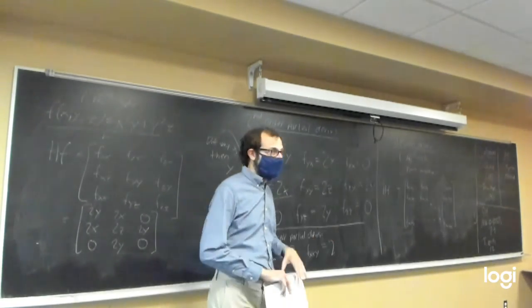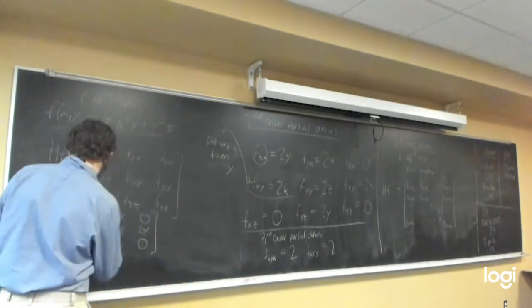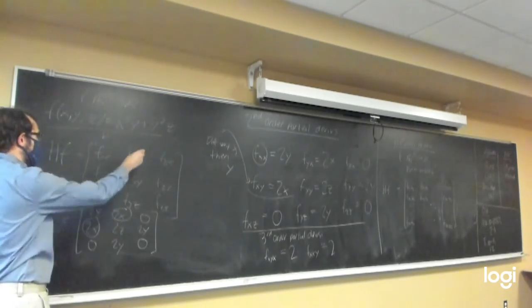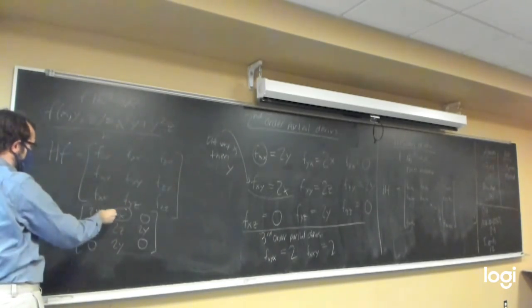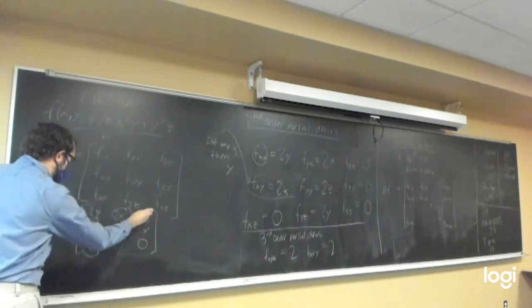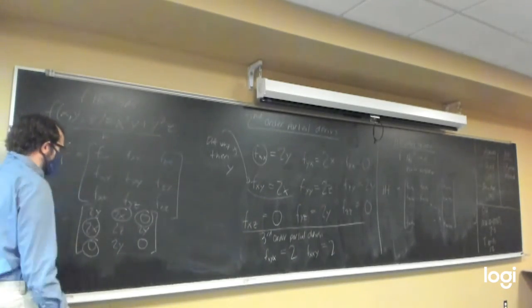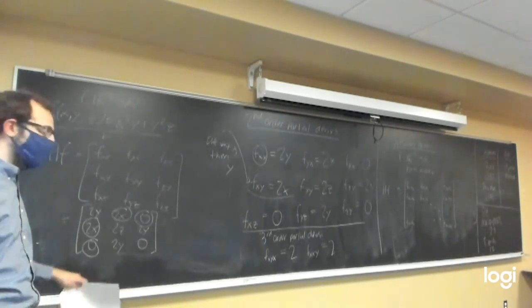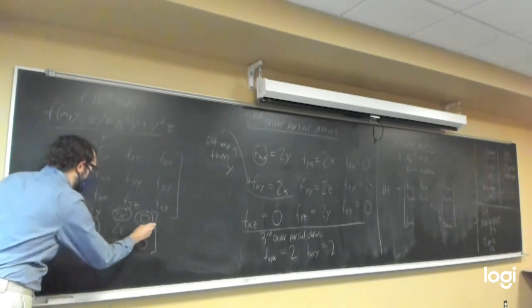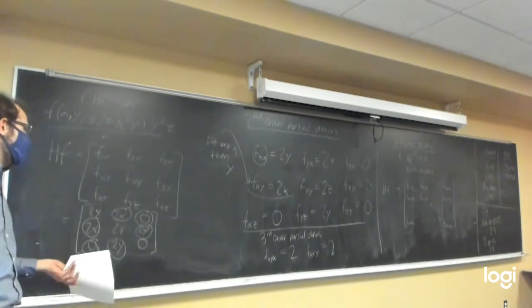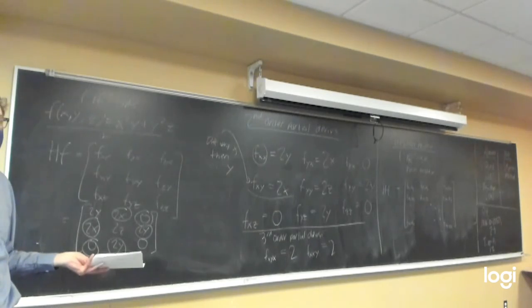That's interesting. Specifically, fyx and fxy seem to give us the same thing, 2x. xz and zx appear to give us the same thing, which is 0. yz and zy appeared to give us the same thing, which was 2y.